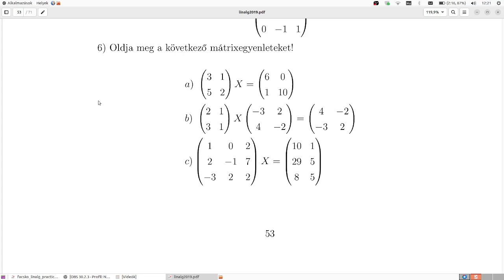But we have a B. Okay. So this is B. So let's calculate the determinant of B. That's 6 minus 8. It's minus 2. Simple.